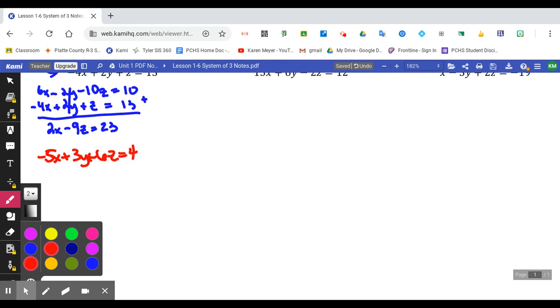When you multiply everything on the middle one by -3, you will come up with 9x minus 3y minus 15z equals 15. And this time add these and you come up with 4x, and then the y's are gone, which is what we wanted, and minus 9z equals 19.